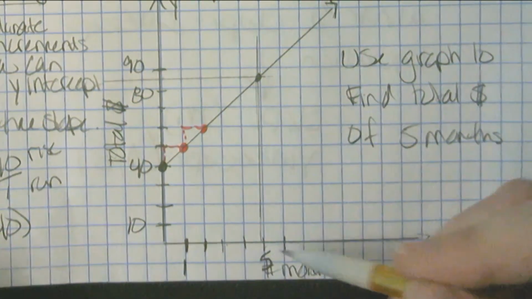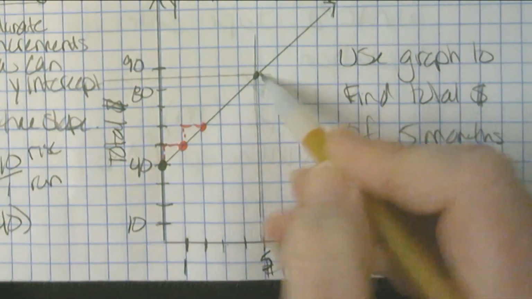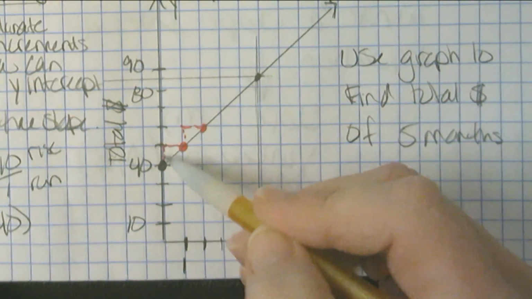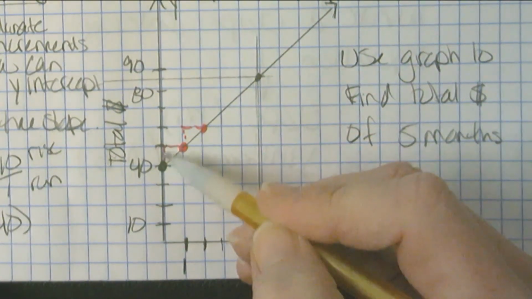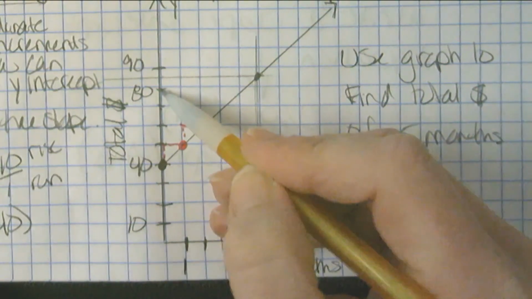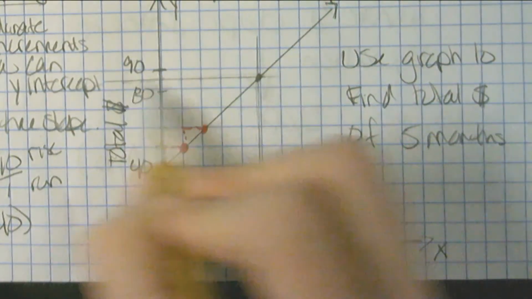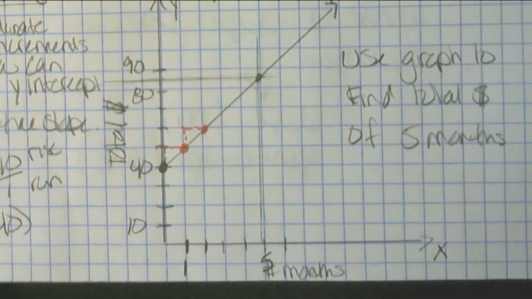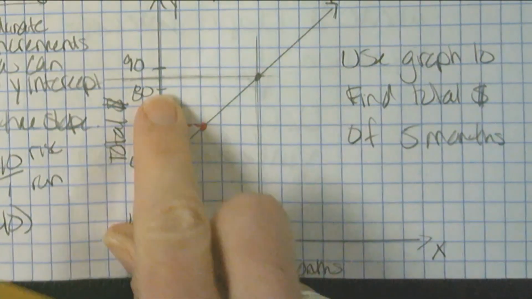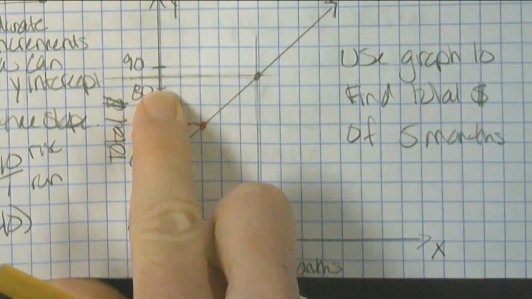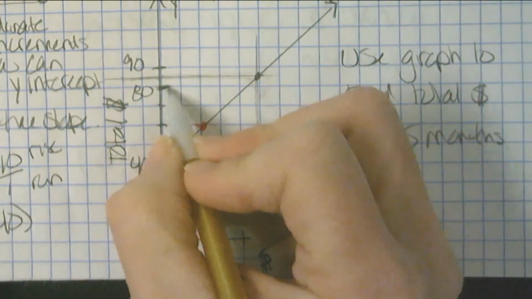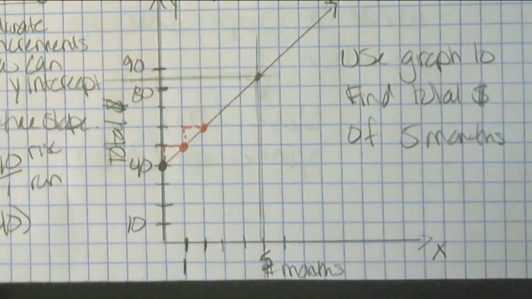Serena, I'm reading 5 up to my line, and then I'm reading over. 10, 20, 30, 40, 50, 60, 70, 80, 90. Here is where it comes over and crosses my y-axis. Do you see this right here? This is 80. This is 90.